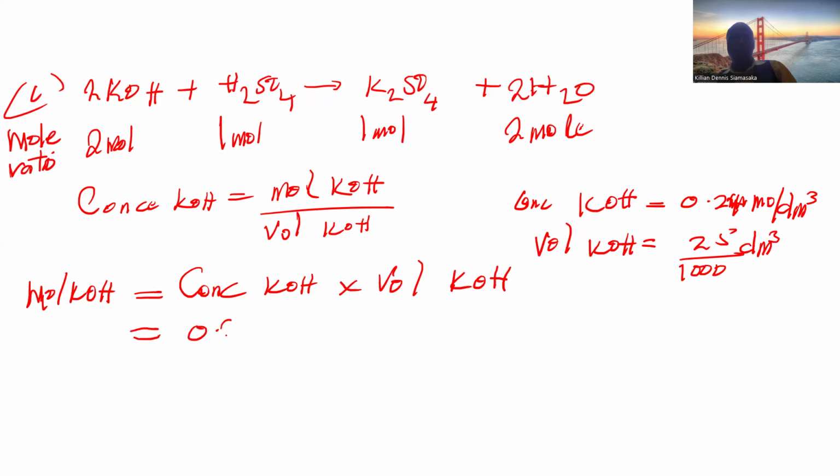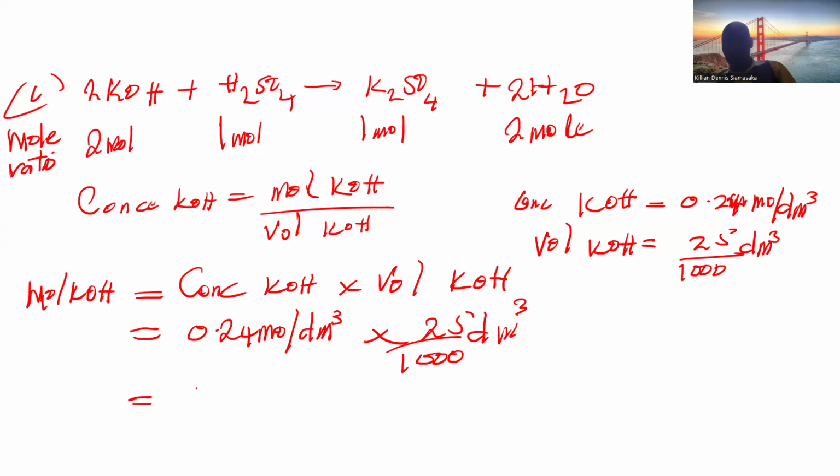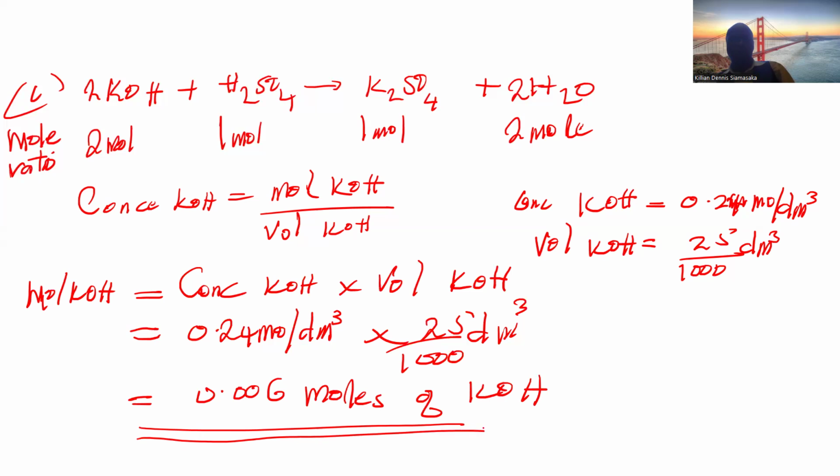This is 0.24 moles per cubic decimeter multiplied by the volume, which is 25 over 1,000 cubic decimeters. And this gives you 0.006 moles of potassium hydroxide. So the first part of the question has been answered.